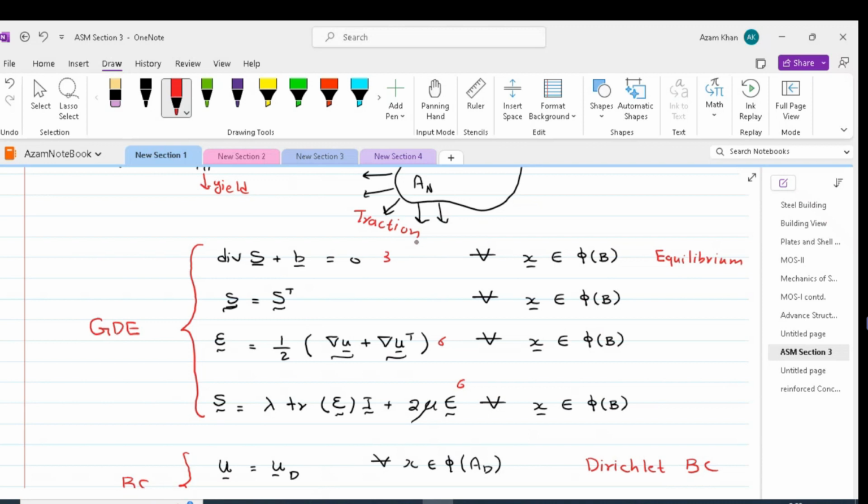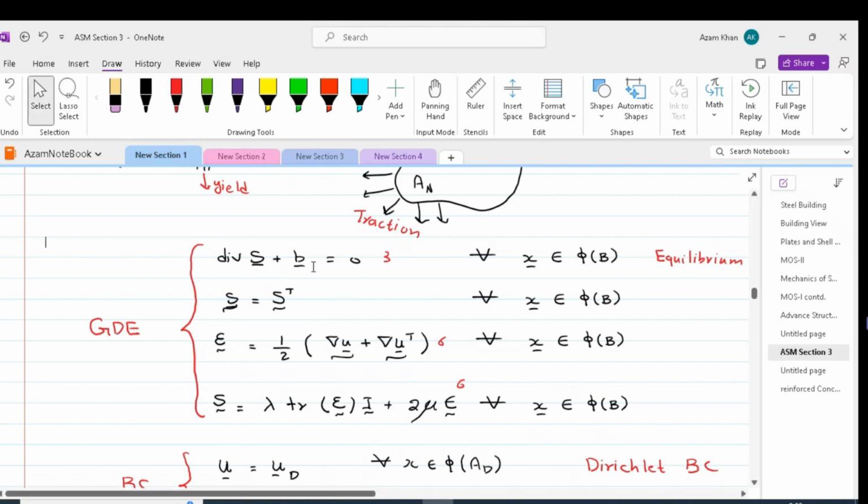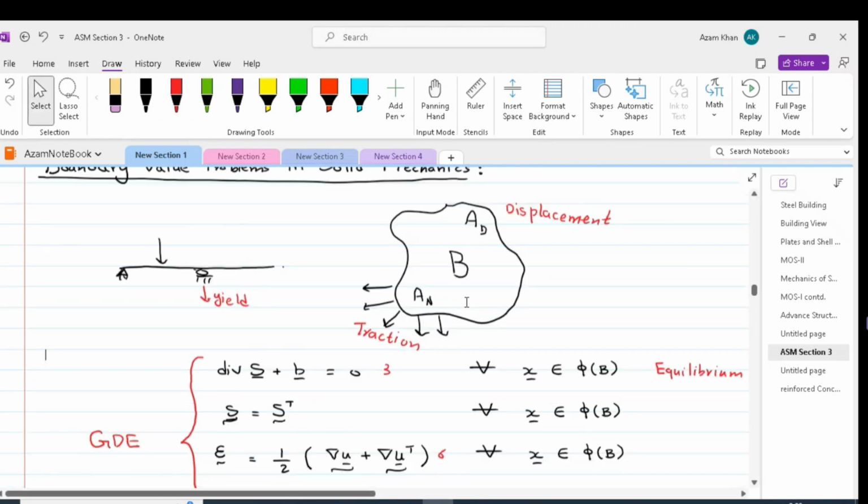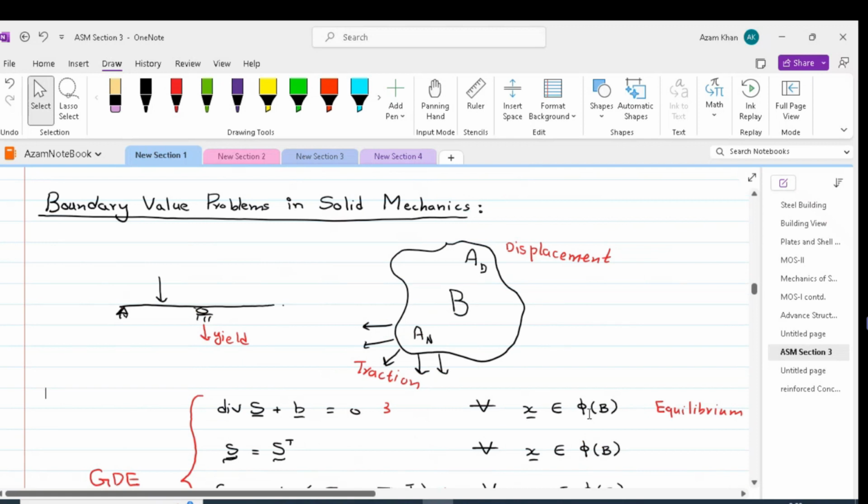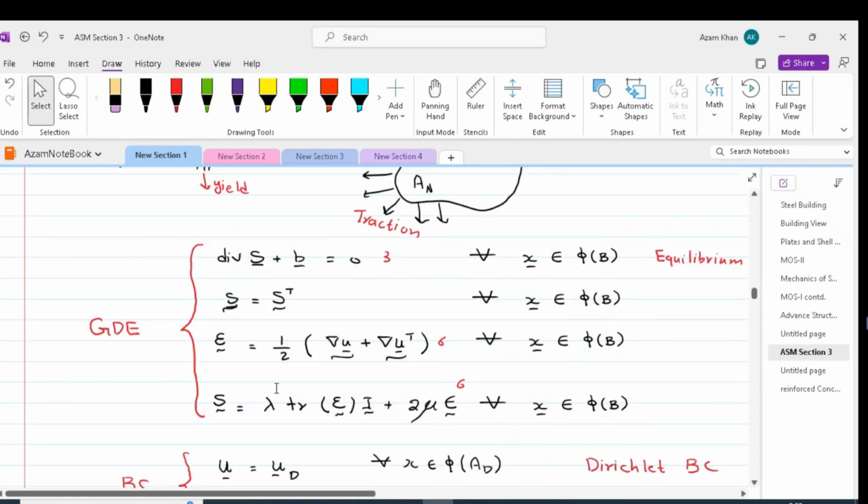So 6, 6, 12, and 15. These are 15 equations, and we have got 15 unknowns. That means to say that this is a determinate problem. Now, all these equations are valid for this body, which is phi b, and these equations are also called governing differential equations.